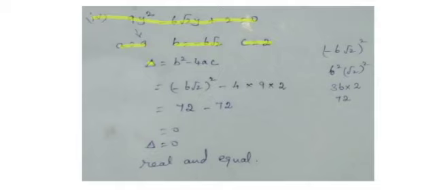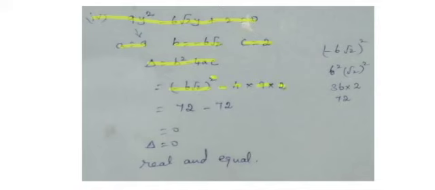Discriminant is equal to b square minus 4ac. We substitute each and every value in the discriminant. Instead of b, minus 6 root 2 the whole square minus 4ac. 4 into a is 9, into c is 2.